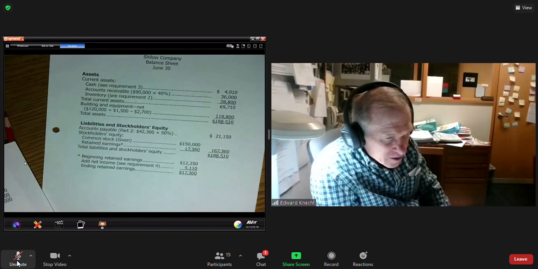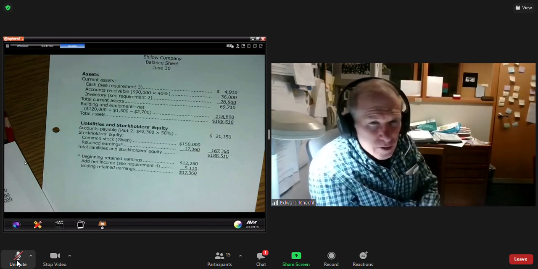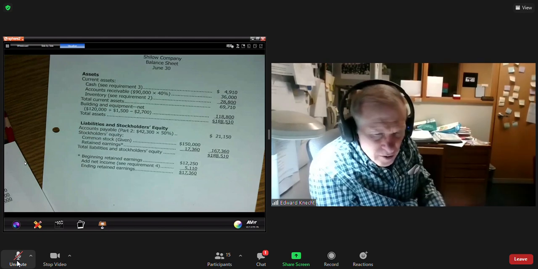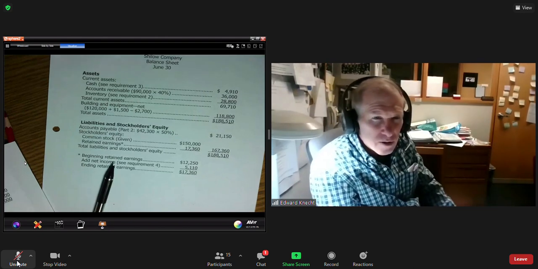The only thing flexible in a flexible budget are the variable costs. The fixed costs are fixed. It doesn't matter how many units are sold or how many units are produced. It's fixed. So the only thing variable are the variable expenses. That's the only thing flexible in a flexible budget.